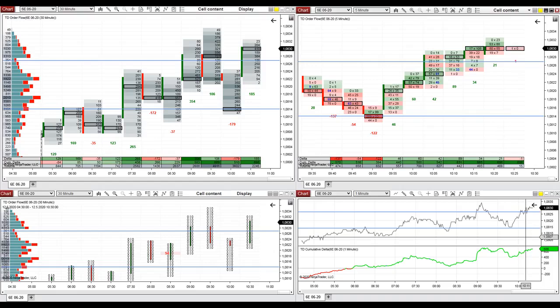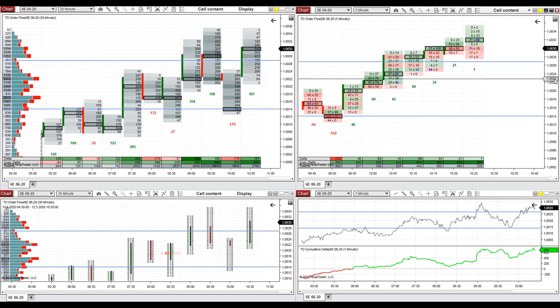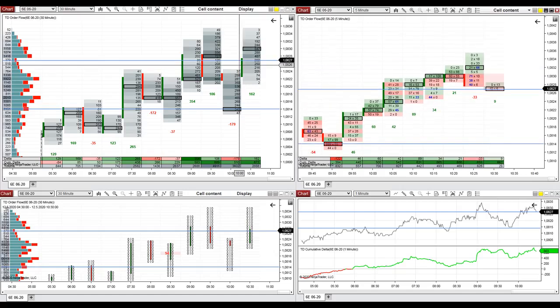Delta is rising. The price overshot this resistance, and there are some selling imbalances.